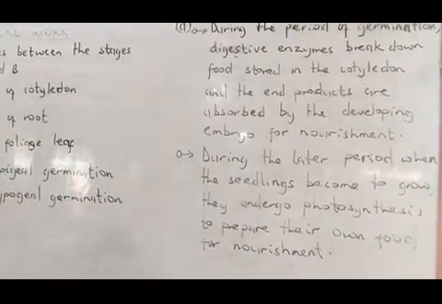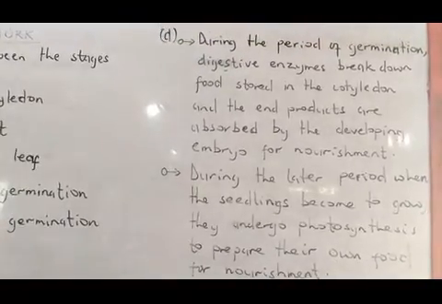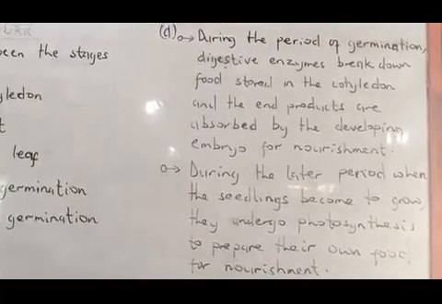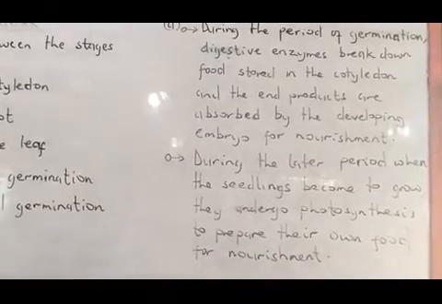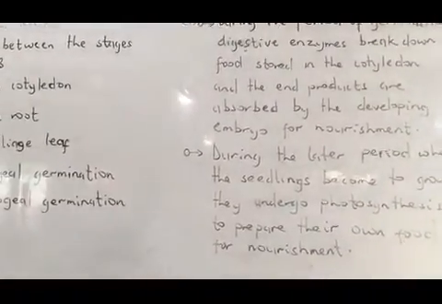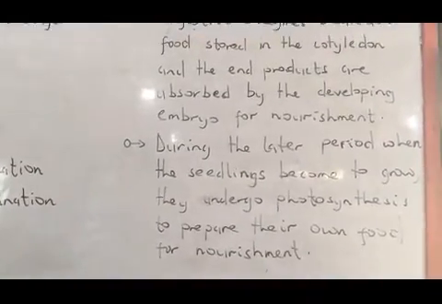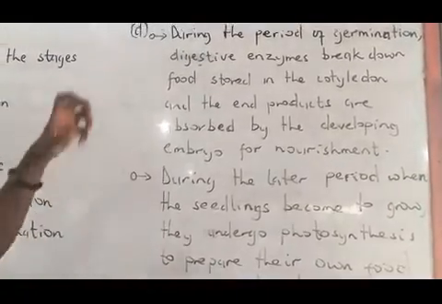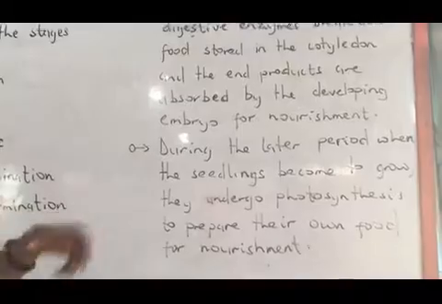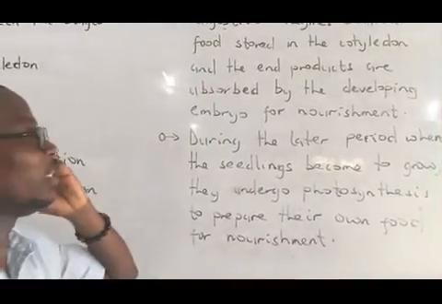In the germinative stage, leaves have not developed, so it cannot undergo photosynthesis. Leaves have not developed, and for that matter, there are no seedlings. So photosynthesis cannot occur. The only means by which the developing embryo obtains nourishment is through the food reserves stored in the cotyledon.